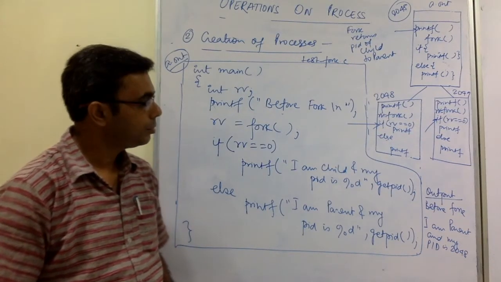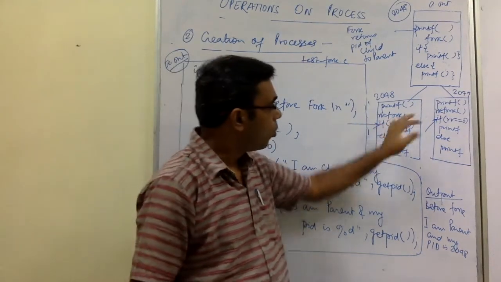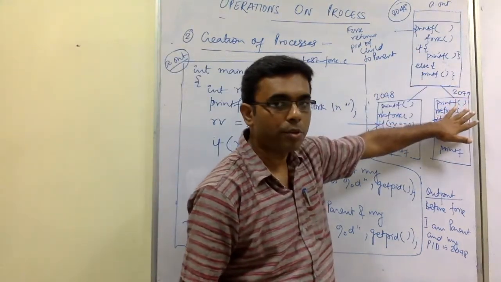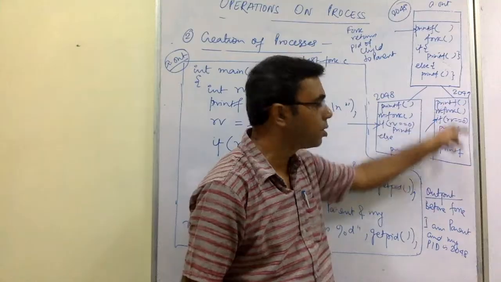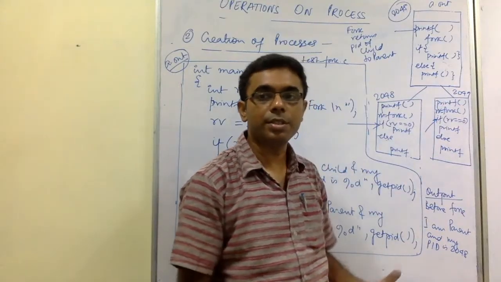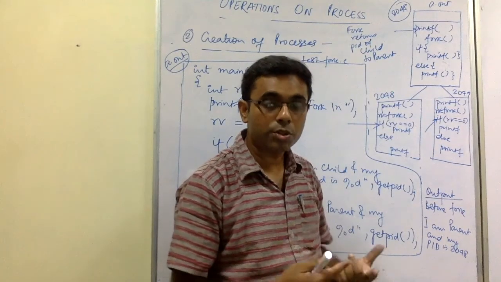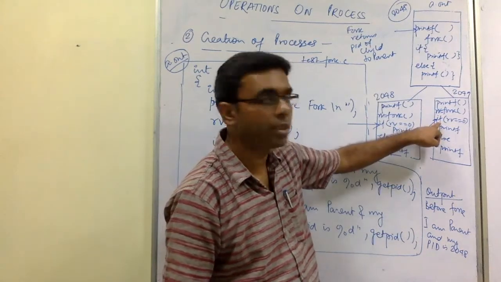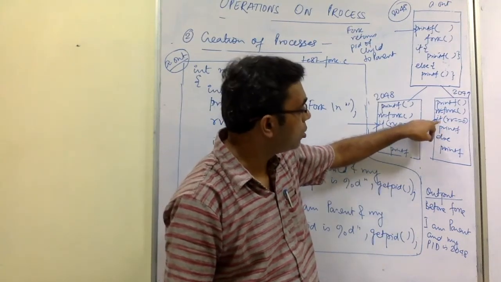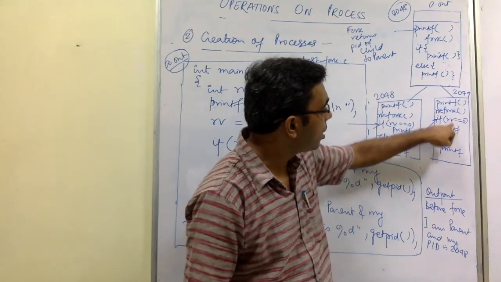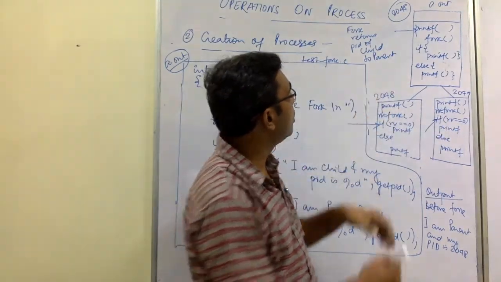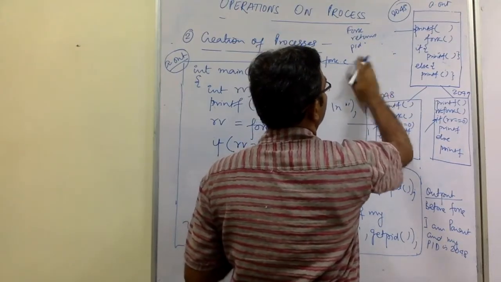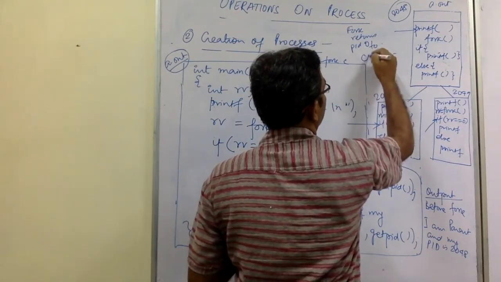Now, once the parent is done, you switch to the child process. The child process starts executing, and as discussed earlier, it also starts execution from the line following the fork. Now the child will also test this condition, but for the child the return value is 0, because we studied that fork returns 0 to the child.